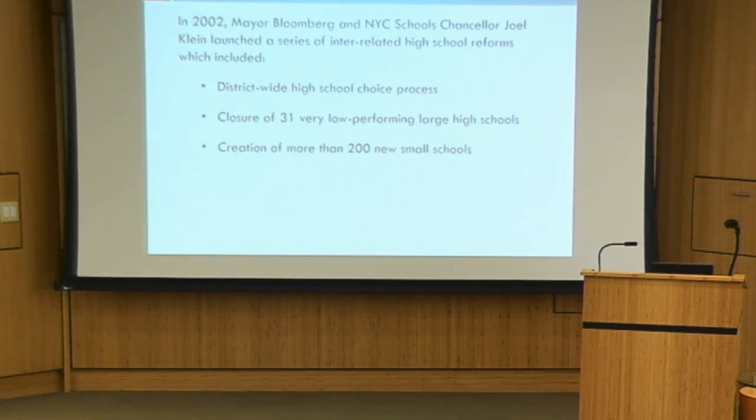So just to remind everybody, the application that we're focusing on comes from New York City, from the opening of all of these small schools of choice in the early 2000s, together with the very complicated high school selection process that was implemented, or revamped, in New York City.